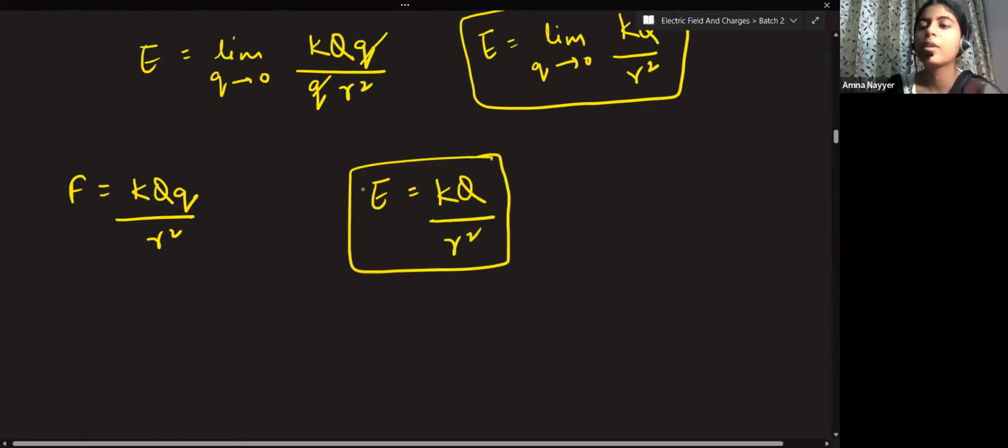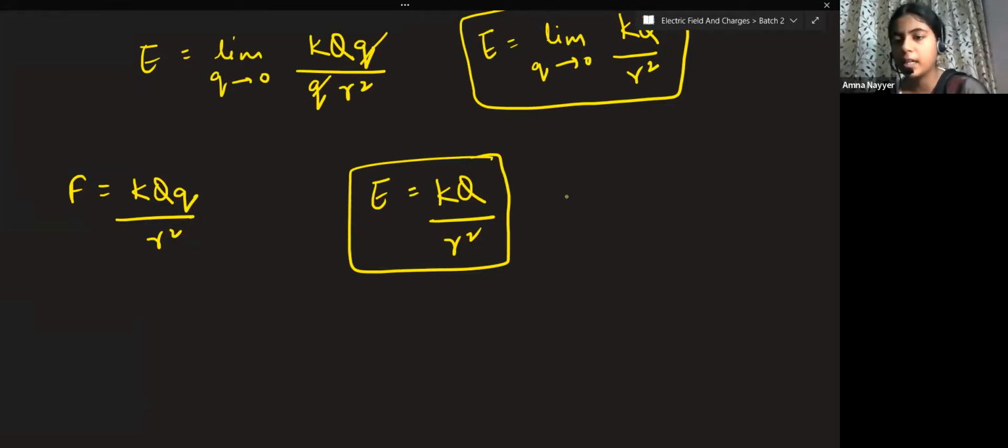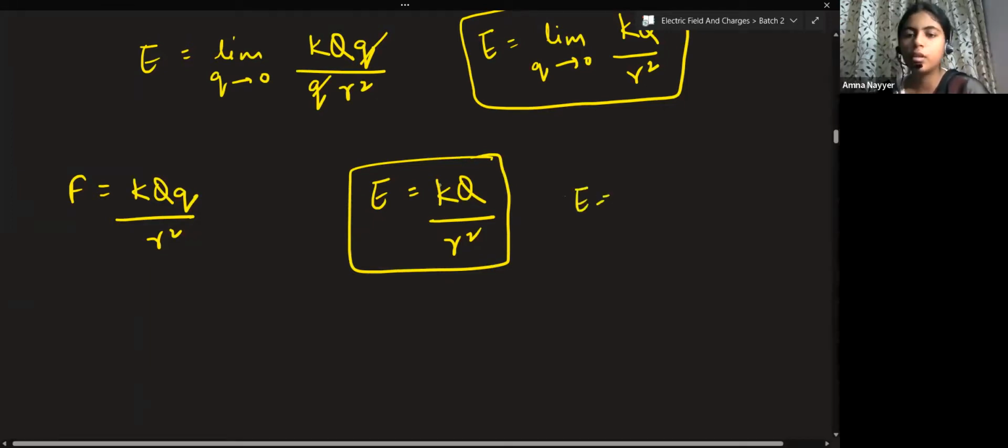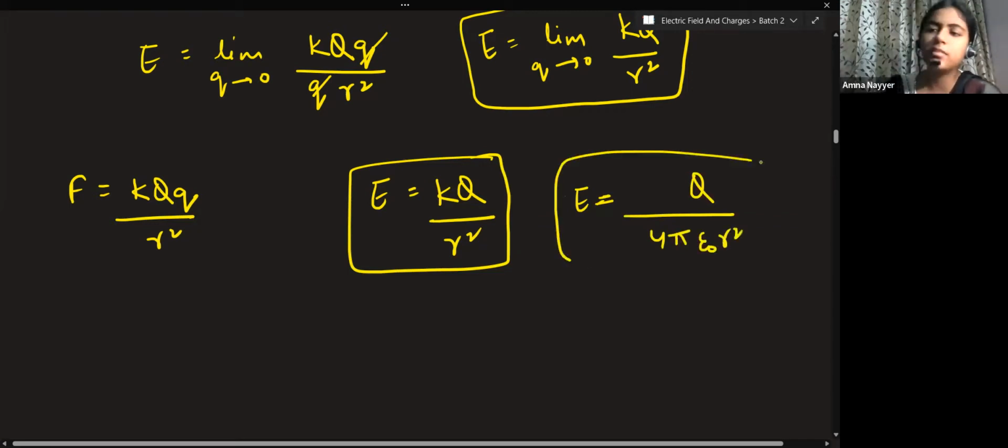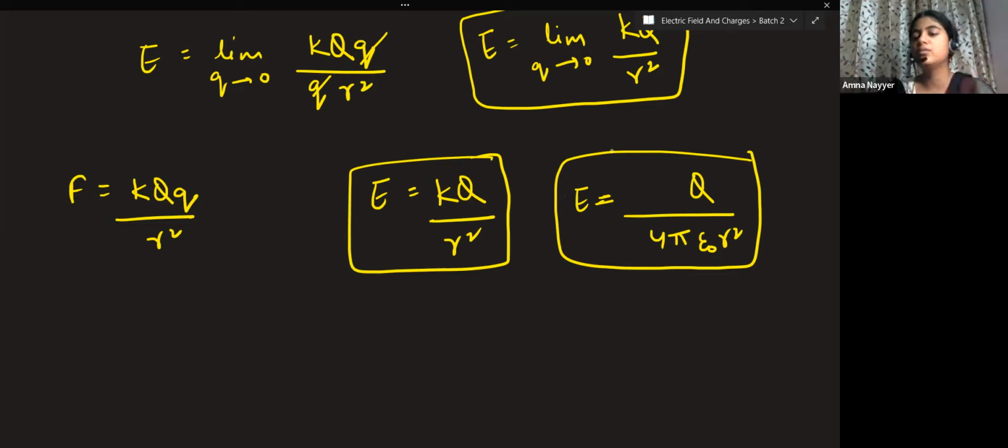Or in terms of the full formula with the dielectric constant, it will be Q divided by 4 pi epsilon naught R square. So the derivation of electric field is very easy. Once you know the electric force, you just divide it by the charge, and it gives you the formula of electric field.